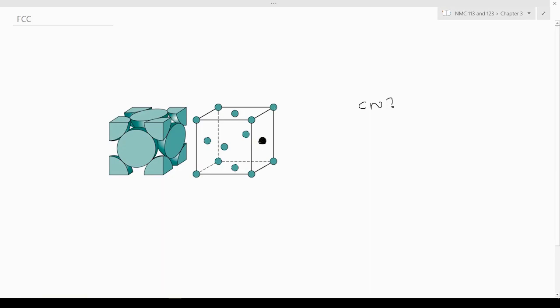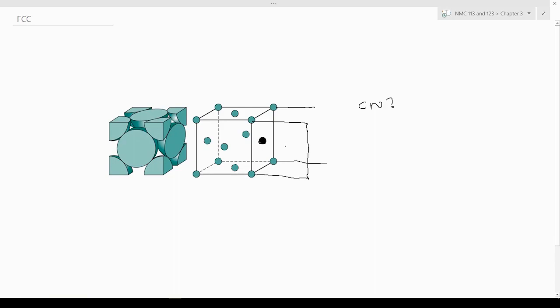Now if you extend this crystal structure to the right, there's one that has formed on the right hand side, neighboring. Let me just do this.